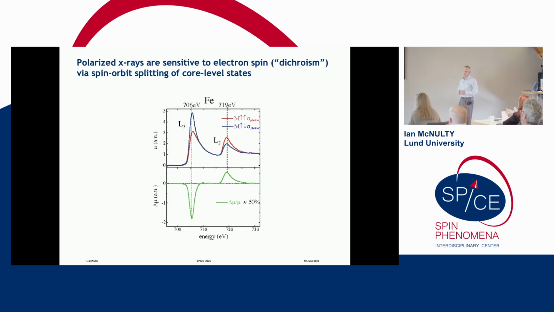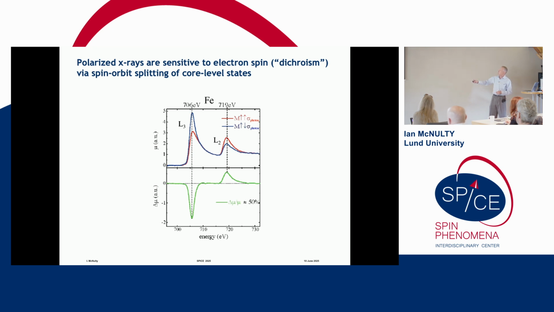Okay, so what can you do with them? As you know, polarized X-rays are sensitive to electron spin, or they can be, so-called circular dichroism via spin-orbit splitting. And really this applies to core level states, the inner shells, I should say, the S and P levels typically, but it can go up to higher shells.